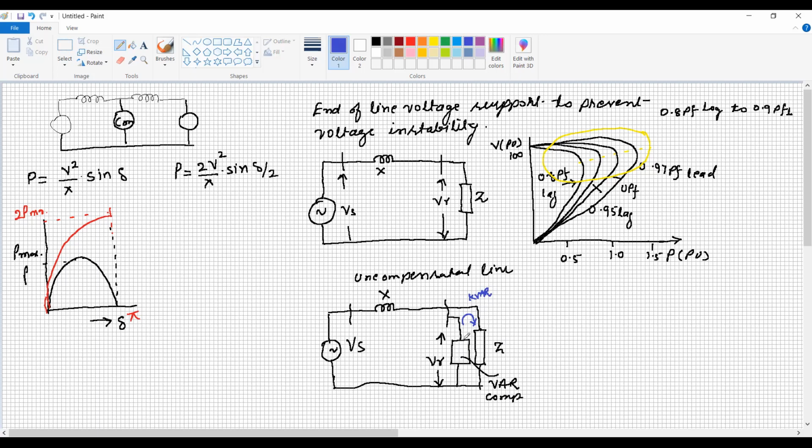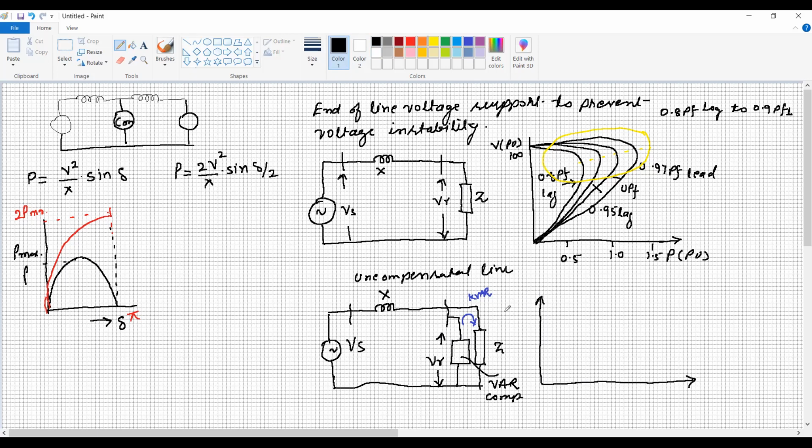Or if it is under compensation, meaning the power factor of the load is a leading power factor, then it is going to consume the lagging reactive power. So because of this VAR compensation at the end of the transmission line or radial system to the load, the voltage profile can be drawn again.